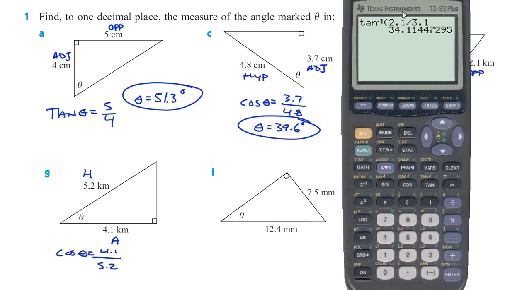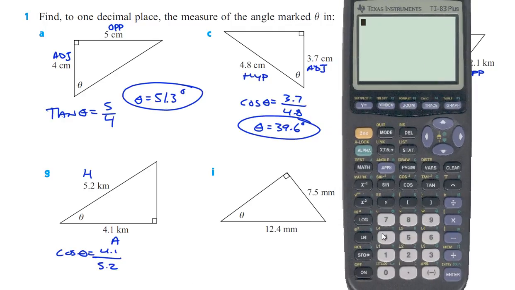Okay, so let's do second cosine of 4.1 divided by 5.2 gives us 37.95, so that would really round off to 38.0 degrees.